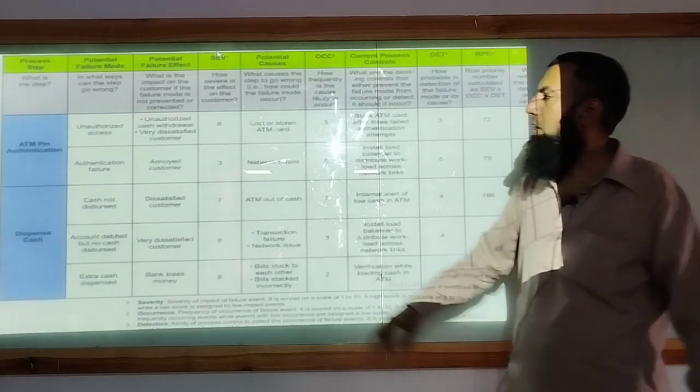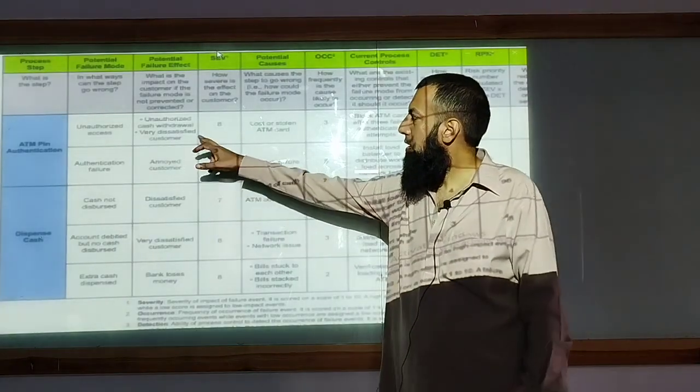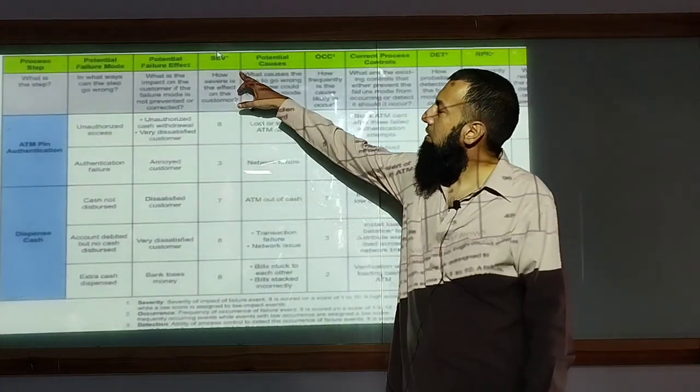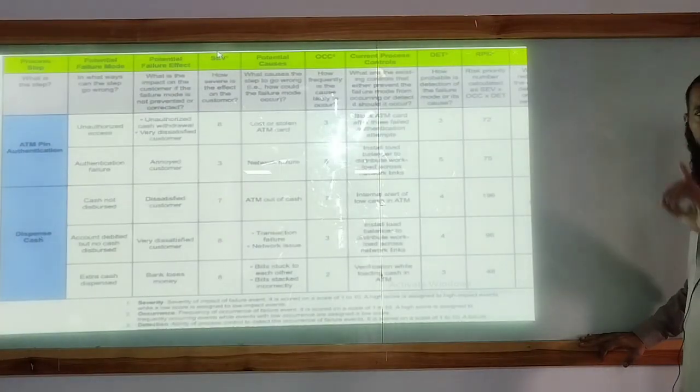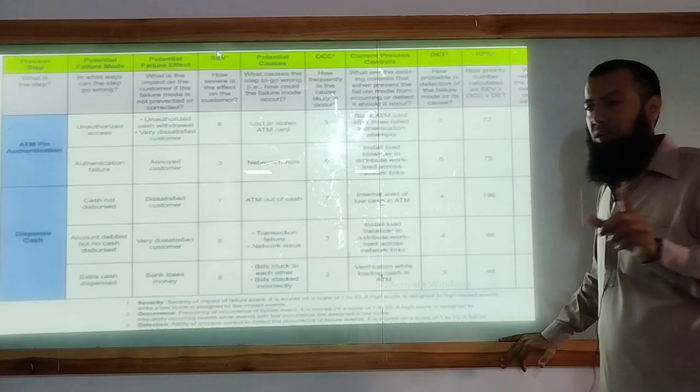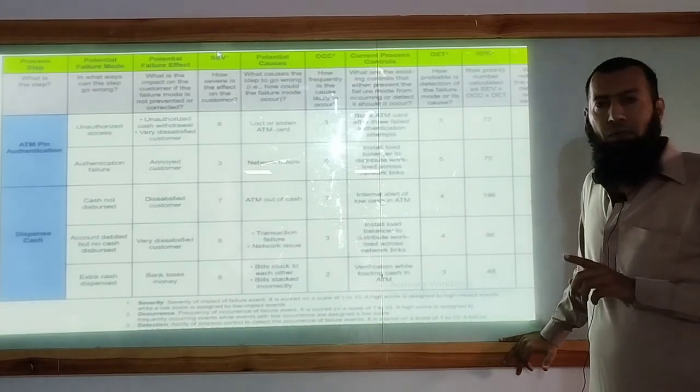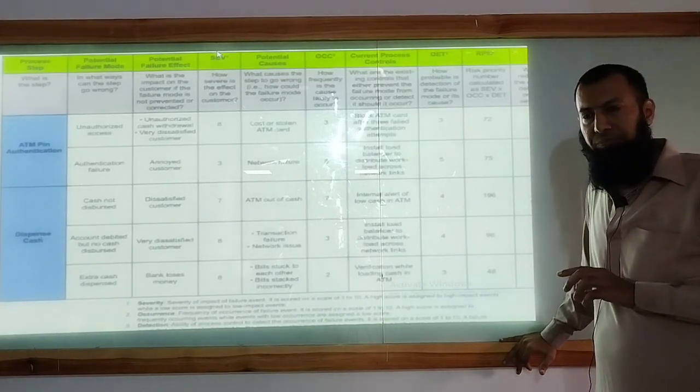Okay? Anyway, so when it is done, the next is severity. Note it down. Make the chart accordingly.